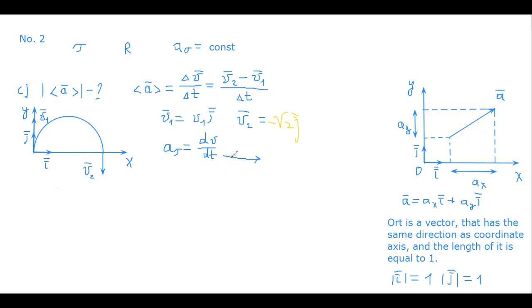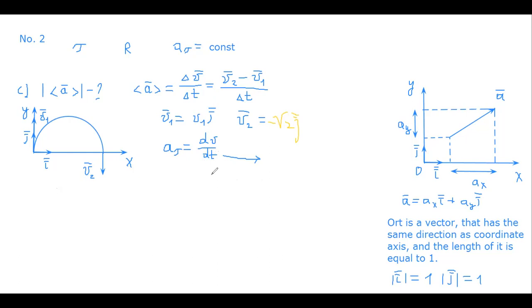To separate variables v and t, we have to put all variables v on one side of the equation, and all variables t must be on the other side of the equation, and there must not be differentials in the denominator.